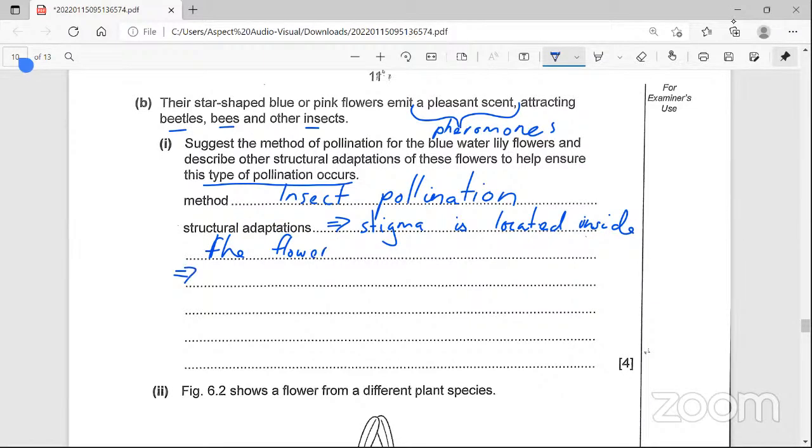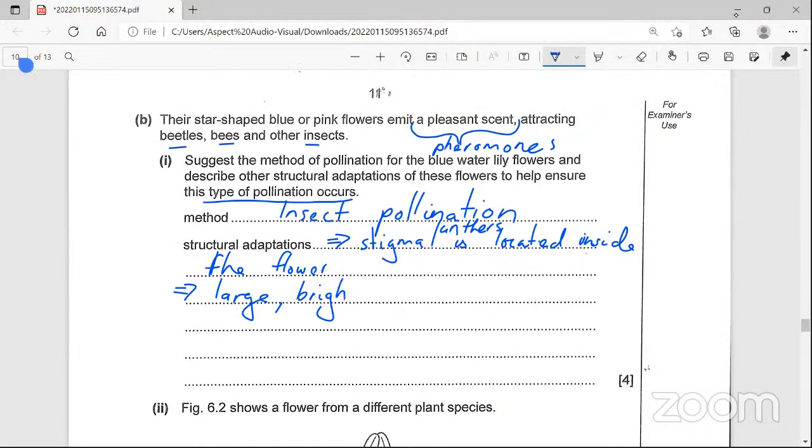Anything else? What else? The anthers. Okay, so we can say also the anthers are located inside. And the flowers are brightly colored. Excellent. So they have large, brightly colored flowers or petals.